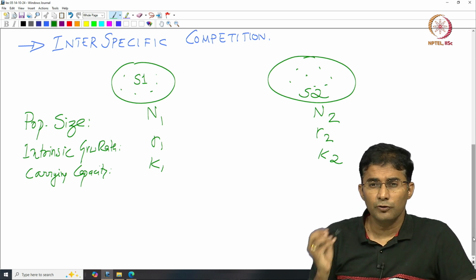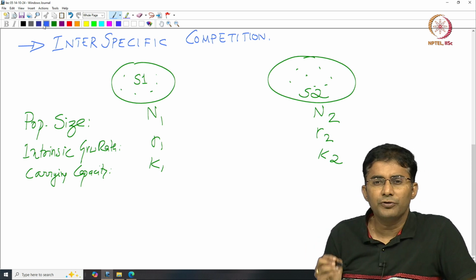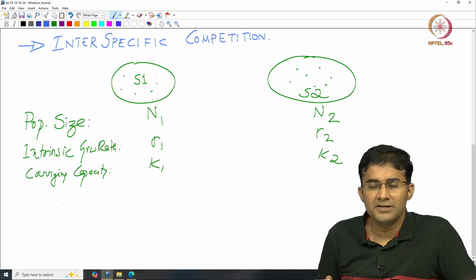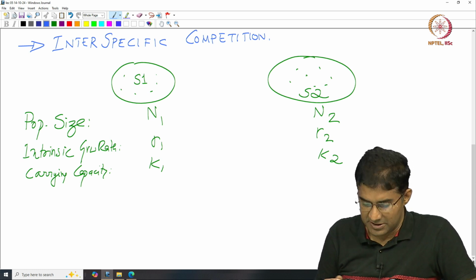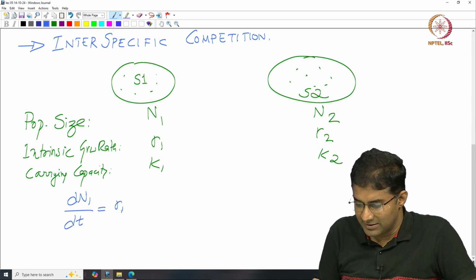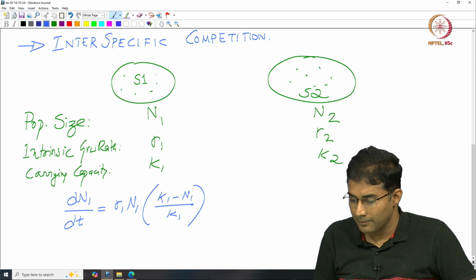Okay. Let us also make a simplifying assumption that both of them are governed by the logistic population model in the absence of other species. So, therefore, dN1 by dt will be given by R1 N1 times (K1 minus N1) divided by K1.